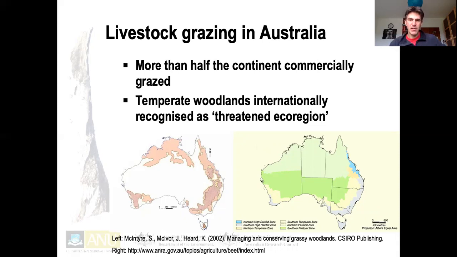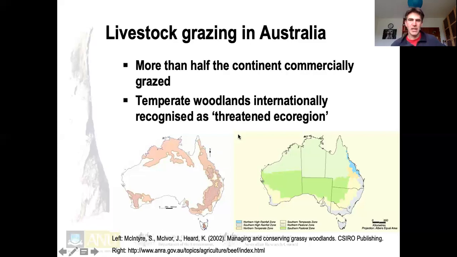Then we find that there's a close correspondence between the southern temperate zone here and this part of temperate grassy woodlands. And that's where we're going to be focusing today.